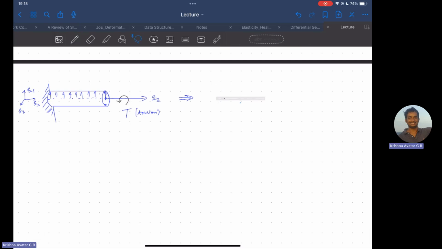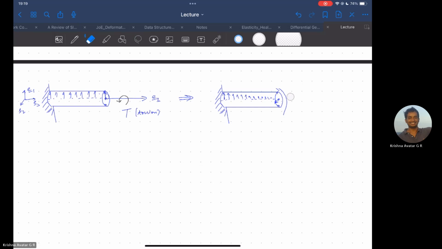I'll just paste it here. So the vector towards the base is the same. However, as we move away from the base, this seems to be rotating, and eventually we'll have some rotation here.